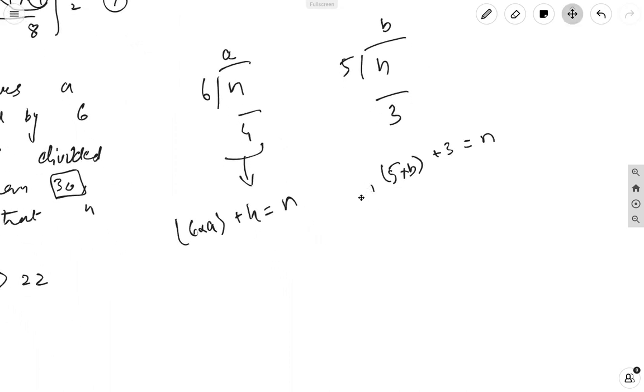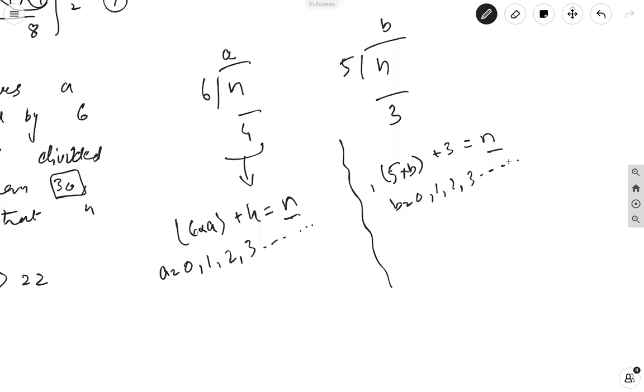Now I told you earlier that the quotient could be 0 and could be positive. So let's consider cases and see in what case we are getting the same n on both sides. Everyone is with me till now? A could be 0, 1, 2, 3 and so on. Likewise, B could be 0, 1, 2, 3 and so on.